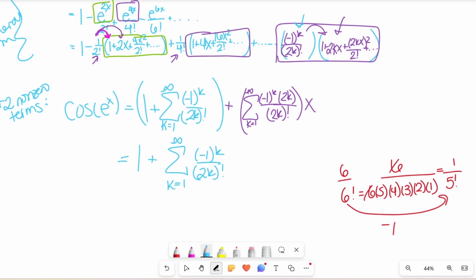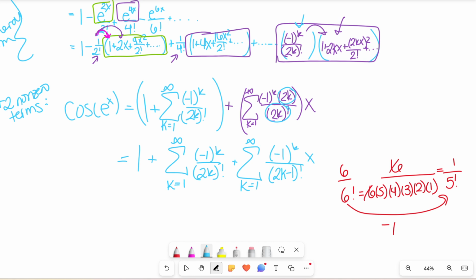So I'm going to use that same process with my 2k. Again, I'm going to start at 1, go all the way up to infinity, -1 to the k power. I'm going to be focusing on these two terms right now, so I want to cancel that. This is going to leave me with 2k minus 1 factorial, and then I still have that x in there.